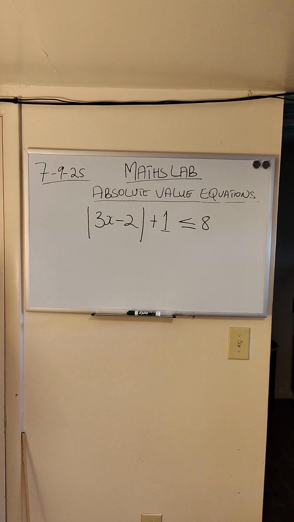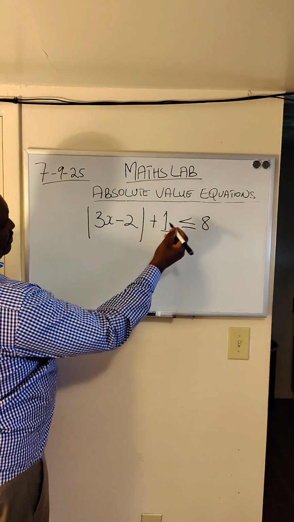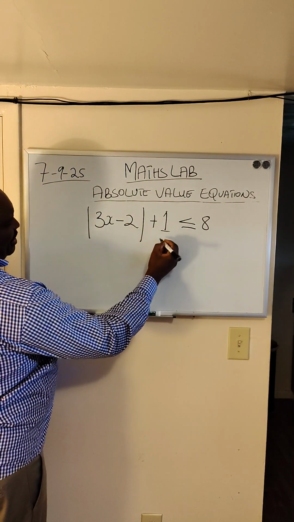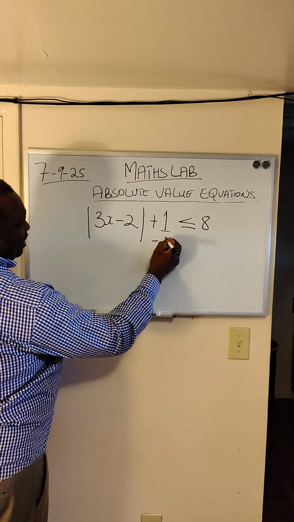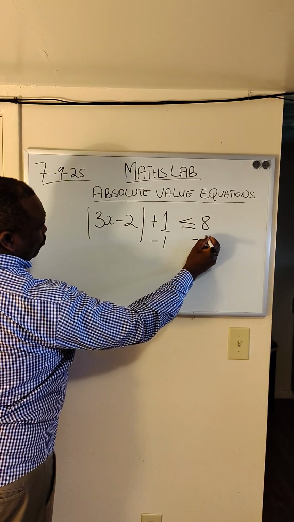So how to do that is we're just going to do the maths mostly on the right side. We see that this is plus 1, so we're going to minus 1 here, and this is 8, so we're going to minus 1 here.